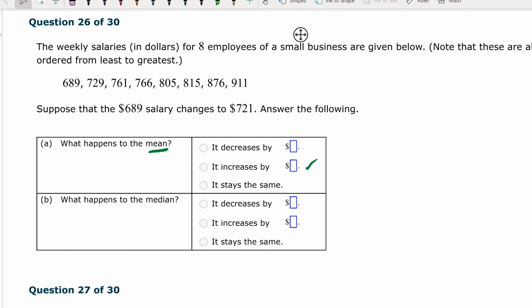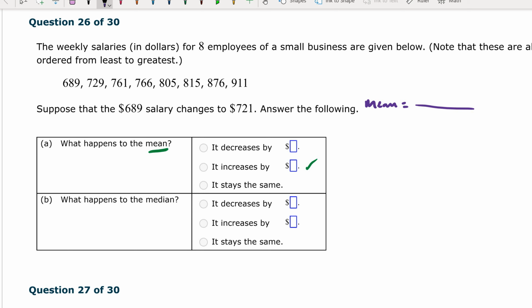If we don't believe that, I can find the mean and then see how much it increases by. So mean is the average. You're going to add them all up and divide by the total number that you add up. So I will take 689 plus 729 plus 761, 766, 805, 815 plus 876 plus 911.